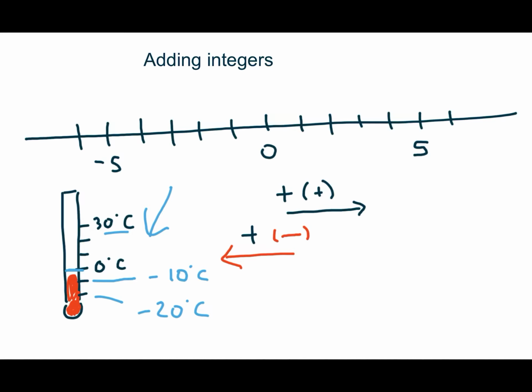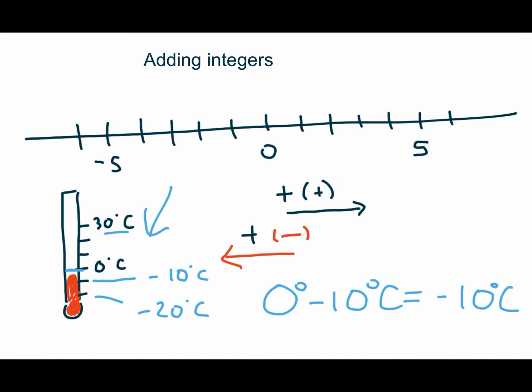So if it was 0 degrees, and I knew the temperature was going to drop 10 degrees, okay, then I know that I would have negative 10 degrees after that temperature dropped.